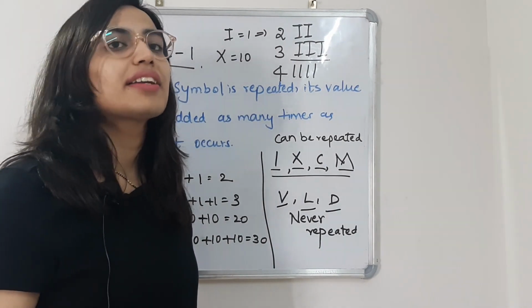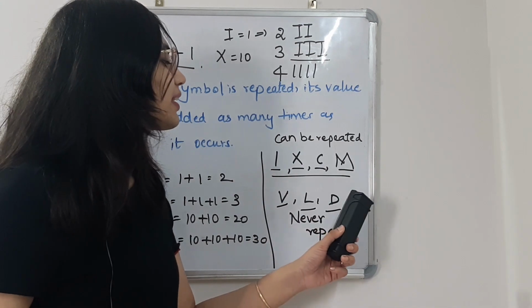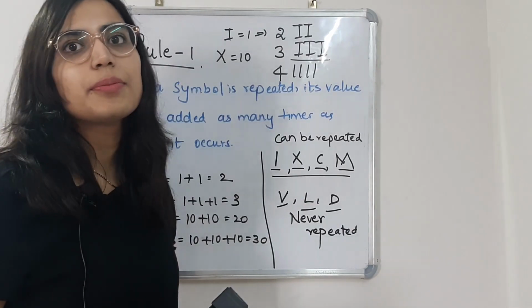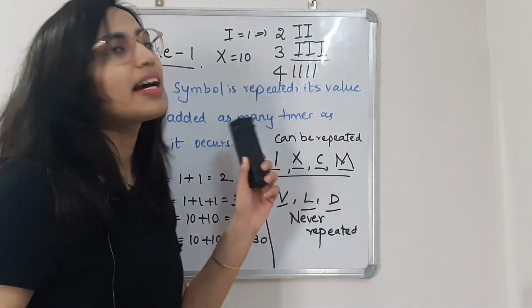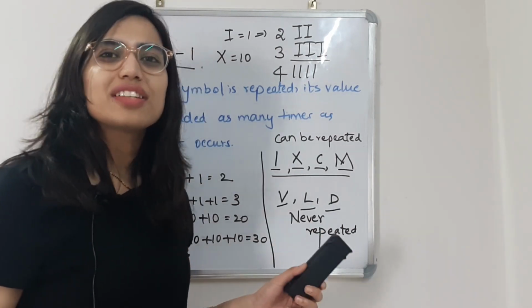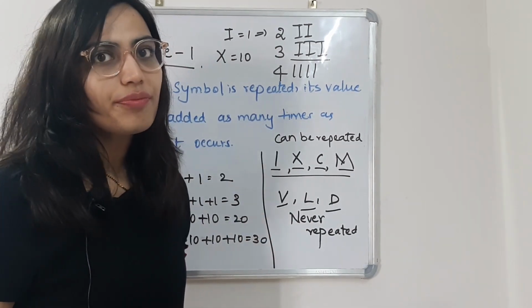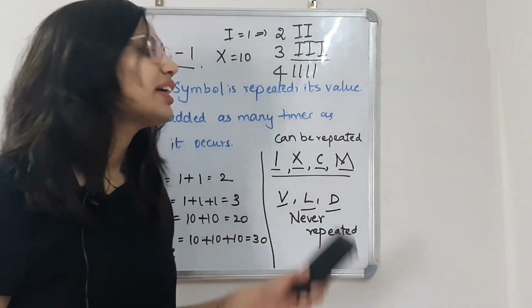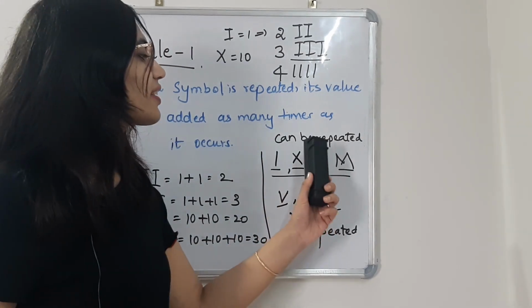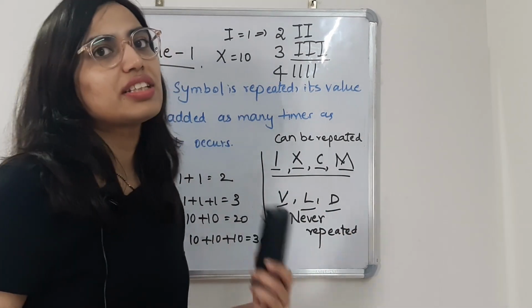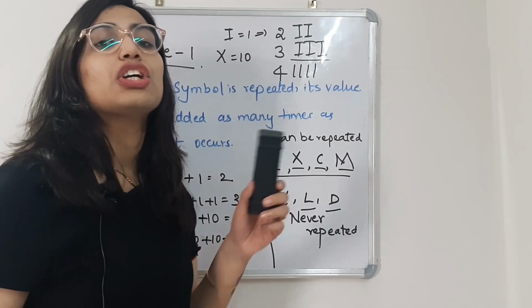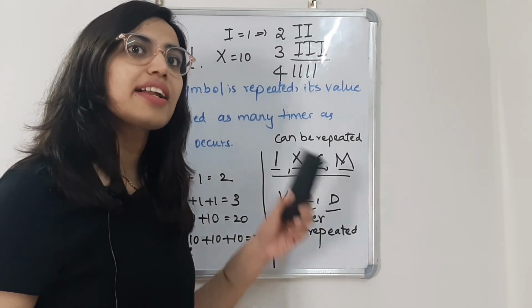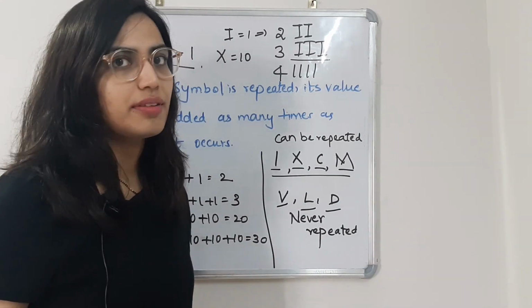Please bear in mind, only these can be repeated and these can never be repeated. You will get the hang of these rules once you practice further and once you remember the notations, that is I, X, C, M, all these notations, then only you will be able to understand and apply the rules properly.